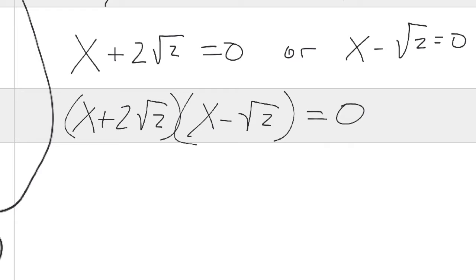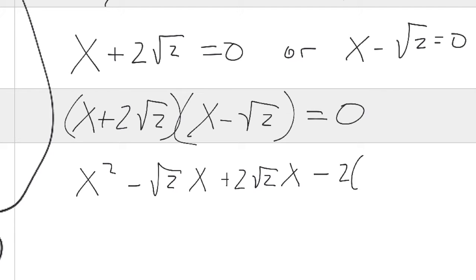When you FOIL all that out, you get x squared, and then the outside term is minus square root of 2x, and then the inside term would be plus 2 square roots of 2x, and then the last term would be 2 times square root of 2 times square root of 2, all equals 0.